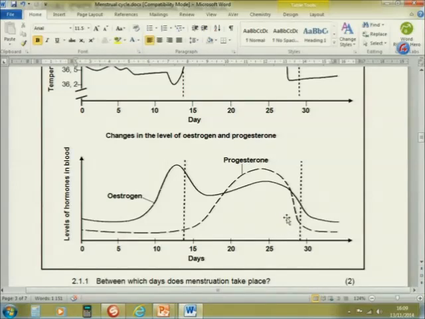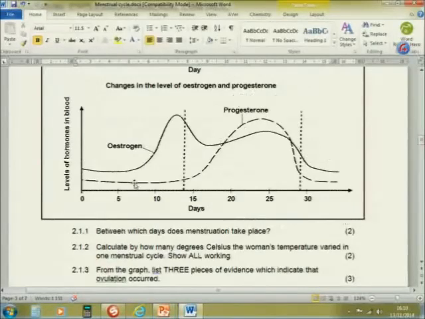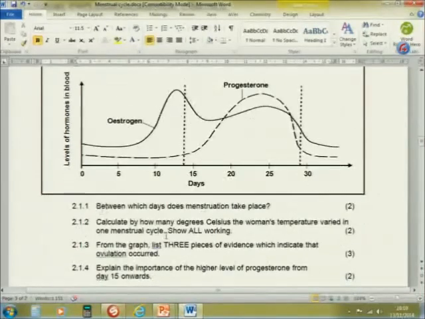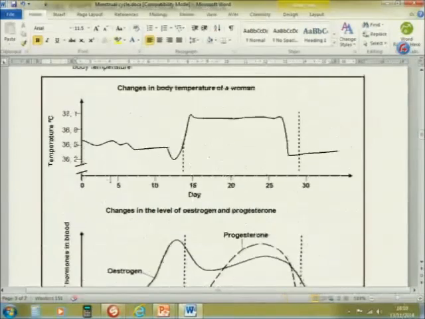Right. The second question: calculate by how many degrees Celsius the woman's temperature varied in one menstrual cycle. Show your calculation. Between which days does the temperature decrease? By how many degrees Celsius does the woman's temperature decrease?